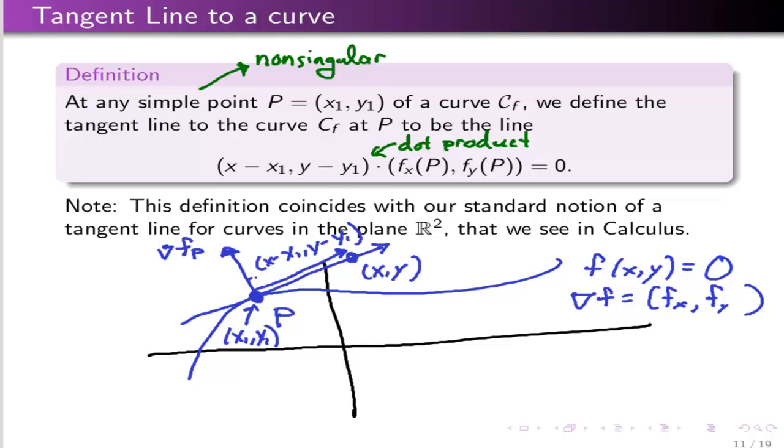You take its dot product with the gradient vector, and that should be 0. And that's exactly what this equation is saying. You've got your gradient vector dotted with this direction vector on the tangent line to be 0. So that's the motivation for calling this a tangent line.